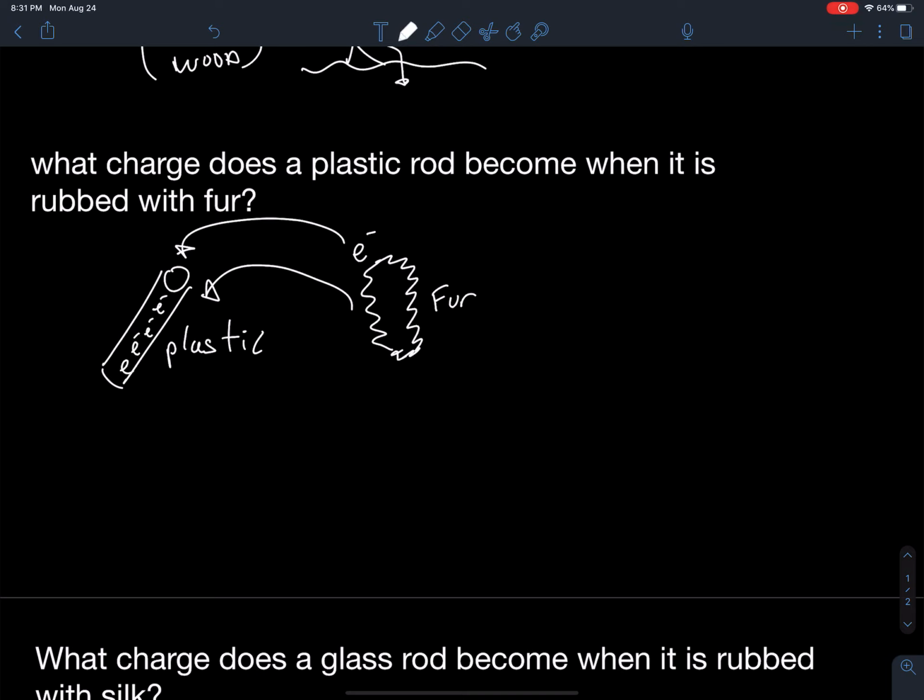So it becomes negative, and the longer that I rub it, the more electrons are going to go onto that plastic. The rubbing causes friction. Friction between the surfaces provides energy for the electrons to hop from the fur to the plastic, and they stay there because plastic is an insulator. This is something you need to remember. When you rub fur on plastic, it becomes negatively charged. That's an IB question.